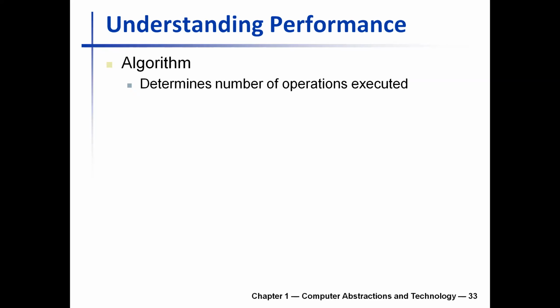So at the algorithm level, we talk about performance. Simply saying, at the algorithm level, the algorithm decides the number of operations that you need to execute to get something done, right?